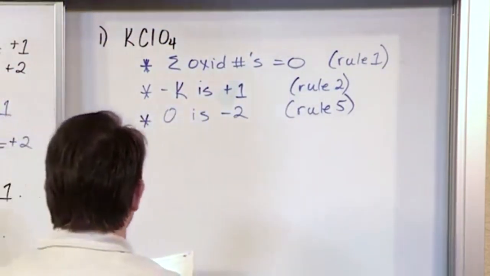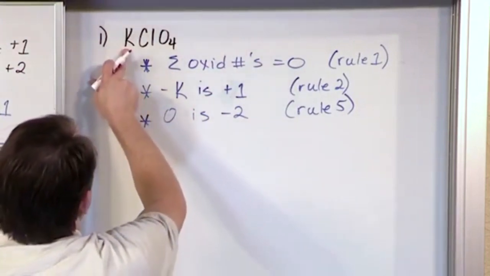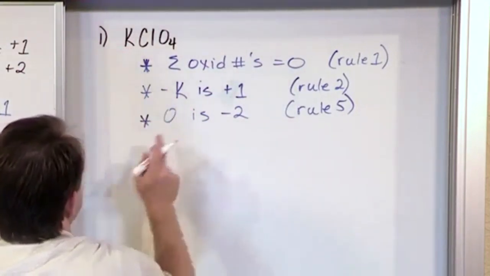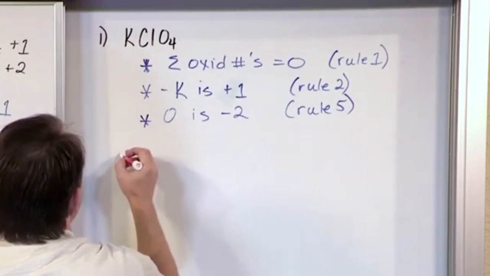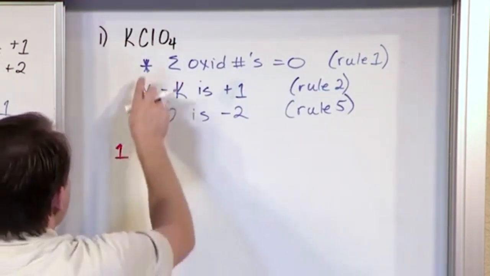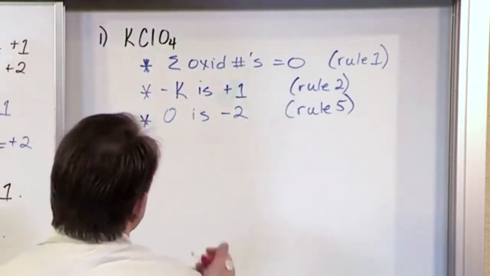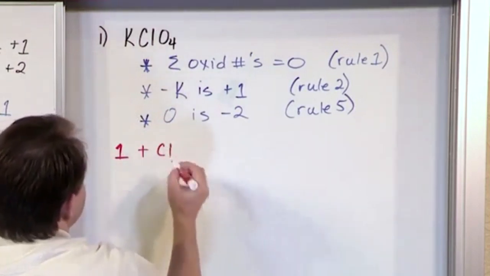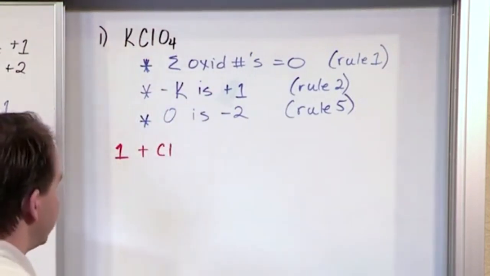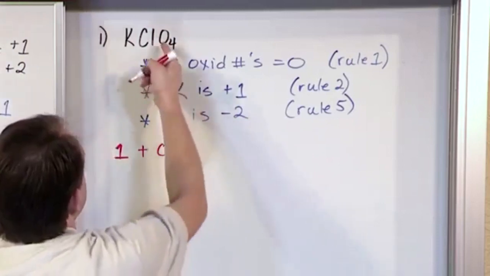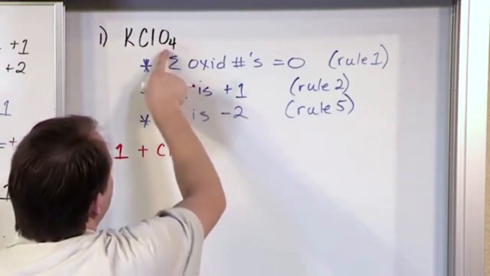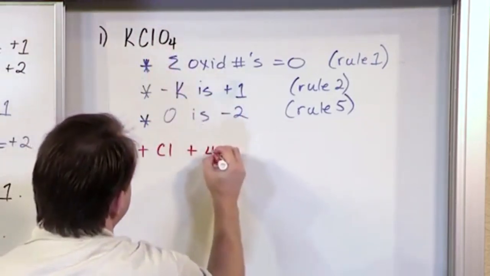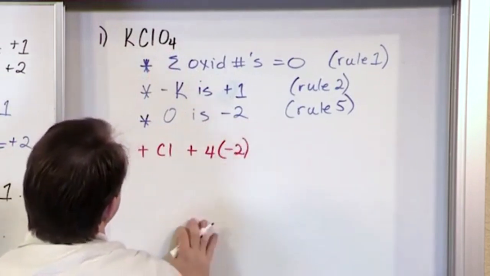So let me see if we can use this. What is the oxidation number of potassium here? We just said it was +1, so I'm going to say 1. What is the oxidation number of chlorine? I don't know what it is, so I'm just going to put Cl there because I don't know that oxidation number. What is the oxidation number of oxygen? Well, it's -2, but I have 4 atoms here, so I have to say 4 atoms times -2 for each one.